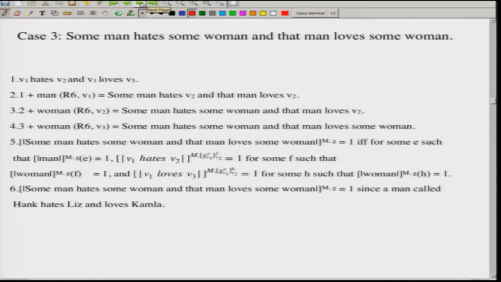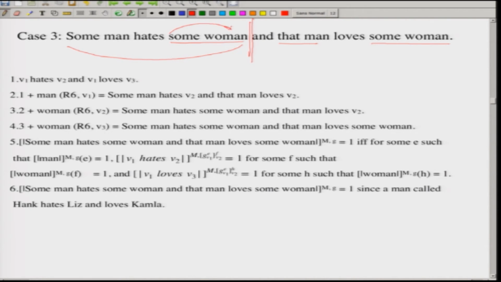And then we go to another case where we are just showing varieties, where we have practically three different variables. For example, some man hates some woman and that man loves some woman. Now you can see, although these are the same phrase, some woman, they do not mean the same thing, they are different, because once again of binding.